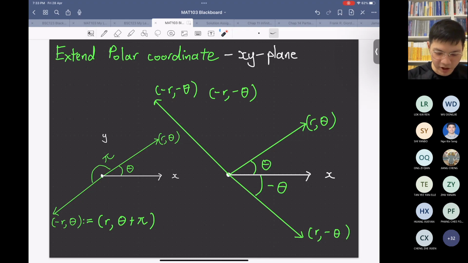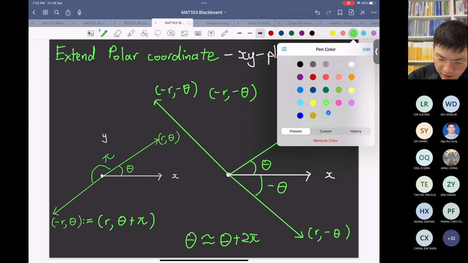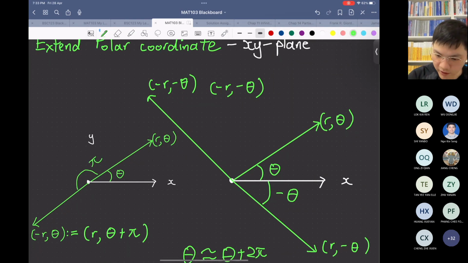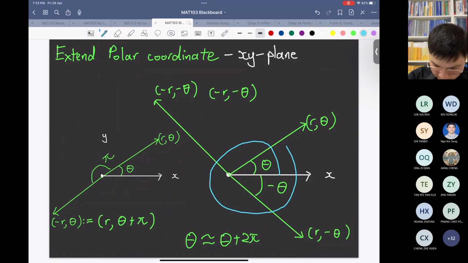Okay, very good. Another thing you still need to remember is that theta is equivalent to theta plus 2 pi. So if you go, let me use another color, if you go all the way around and then come back again, these 2 points are actually the same.